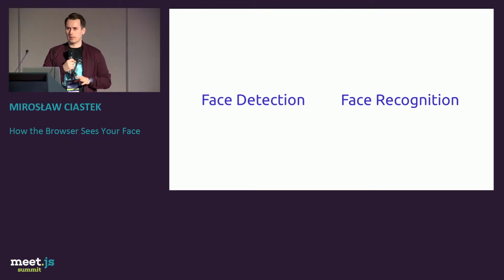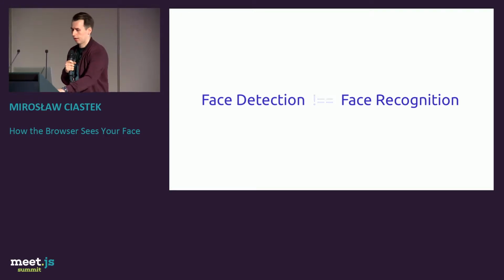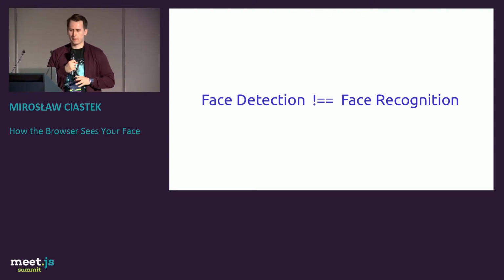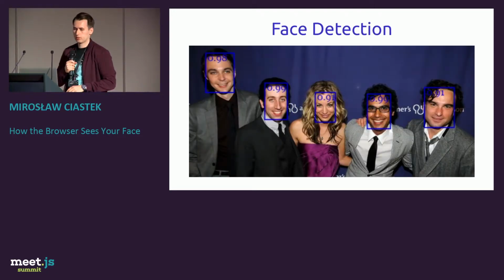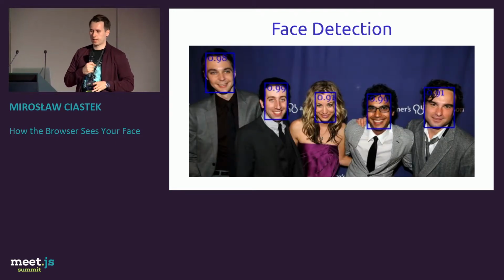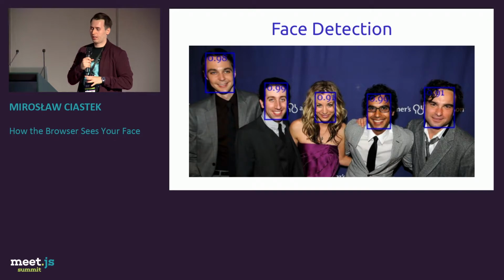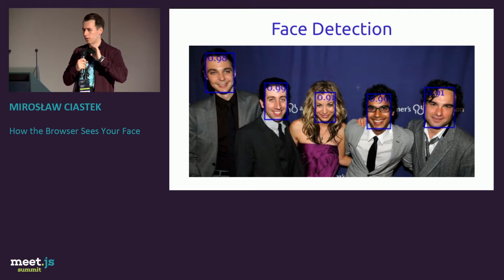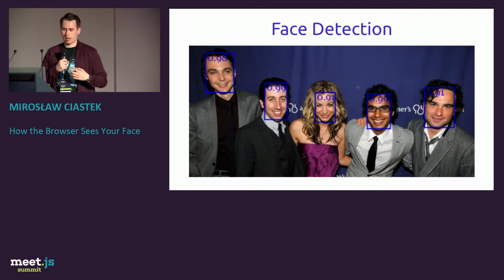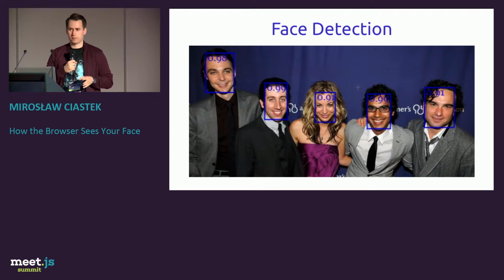And at first sight, they seem to be pretty similar, but they are not. They are very different. Face detection is the first step in the face recognition process. So we get our image, we find if there is any face in this image, and our job is done.